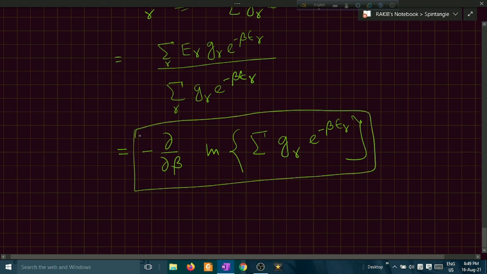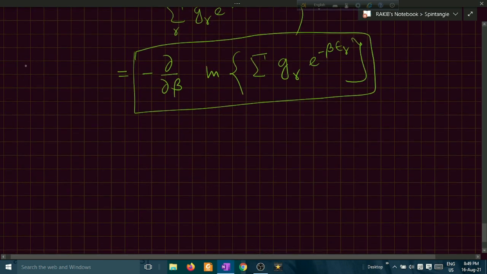Because you have taken ln, the total term will be in the denominator first, and then there will be the derivative of this term with respect to beta. Here Er will be treated as a constant, and the constant term will be taken out of the bracket.